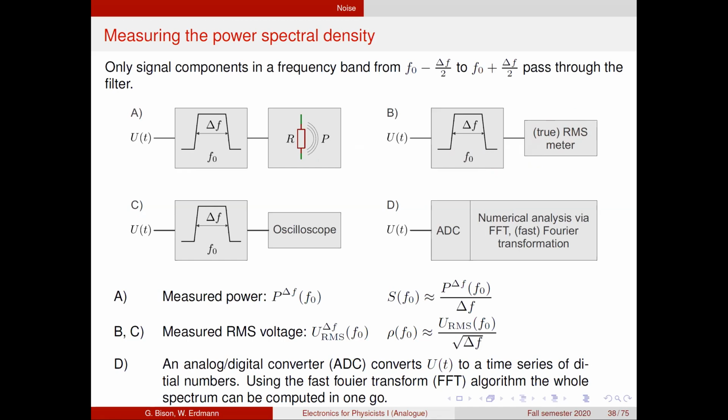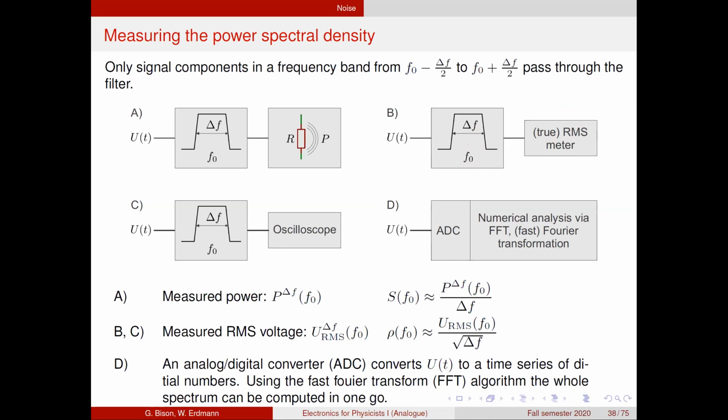If you already know that your spectrum is wide, that all frequency components contribute with the same power, you can simply divide by the square root of the bandwidth, which is typically given in the documentation of your RMS meter. Or if you want to map out the spectrum, you could build different filters centered at different frequencies, measure an RMS value for each filter, and calculate back to the spectrum.